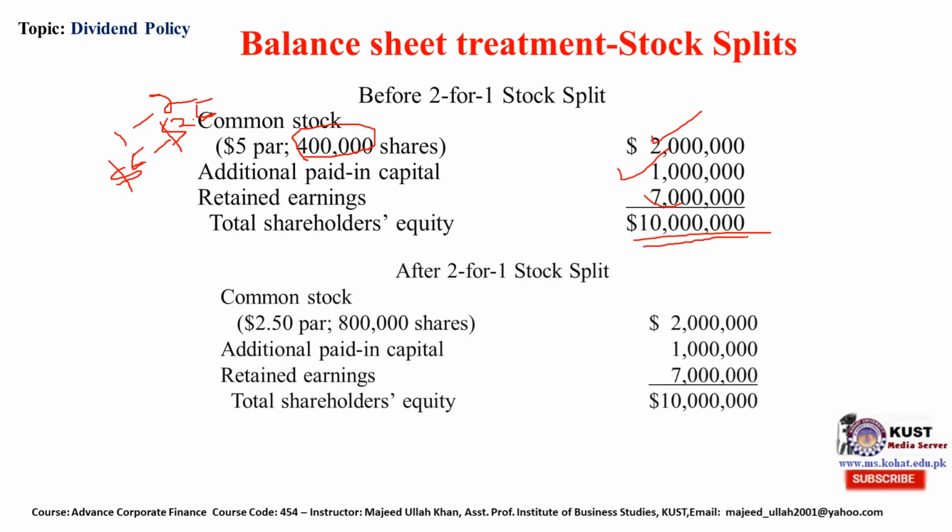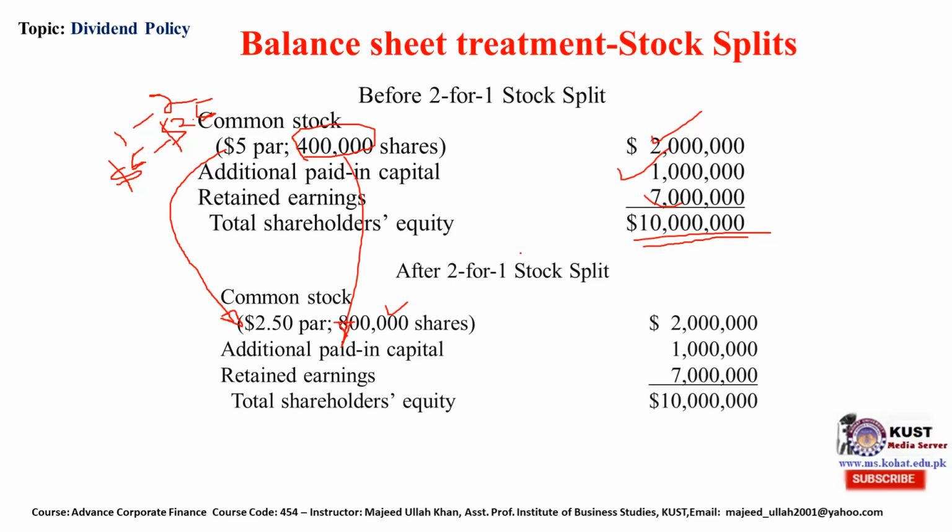What happened after the stock split? These 400,000 now become 800,000, and this $5 par value is now half, because the number of outstanding shares has increased 2 for 1.